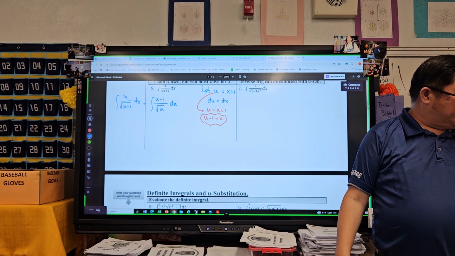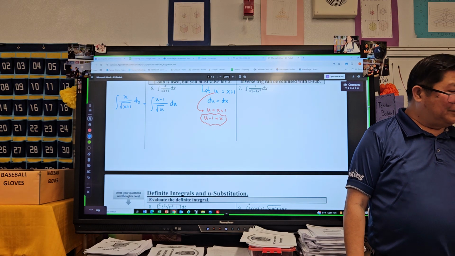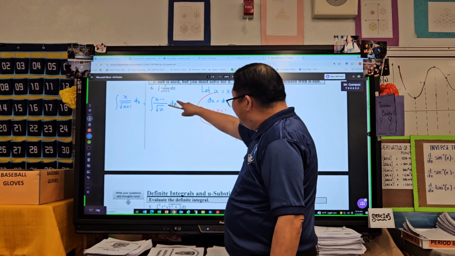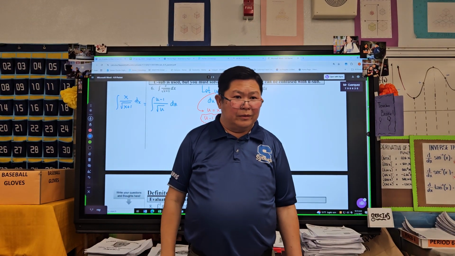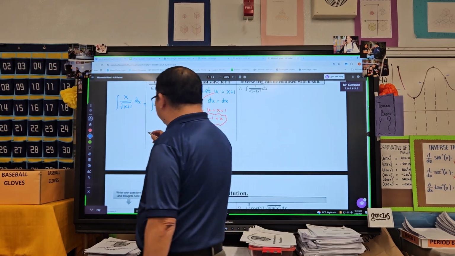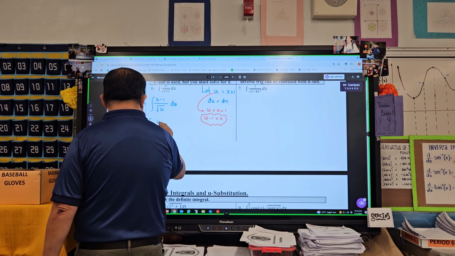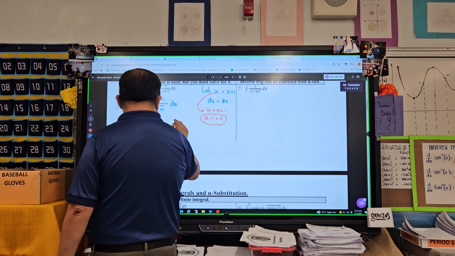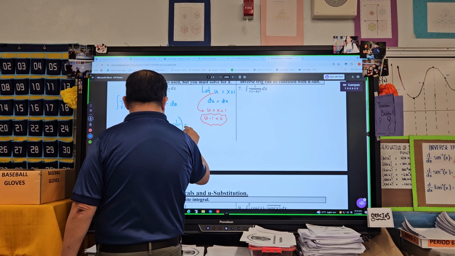Question so far, guys? Are you okay, Miha? Okay. So what's next right here? Numerator u minus 1. Can we now separate? Okay. We can rewrite this as the integral of u over square root of u minus 1 over square root of u du.